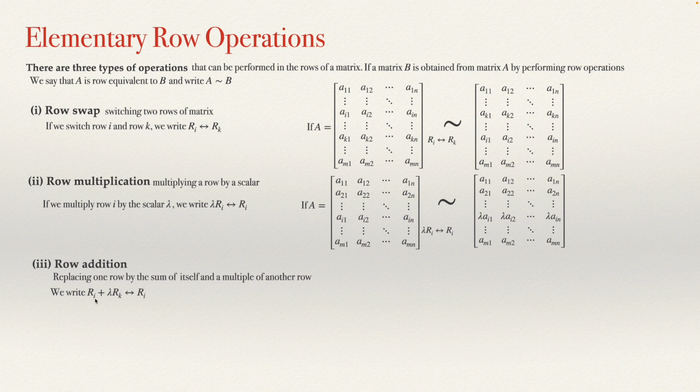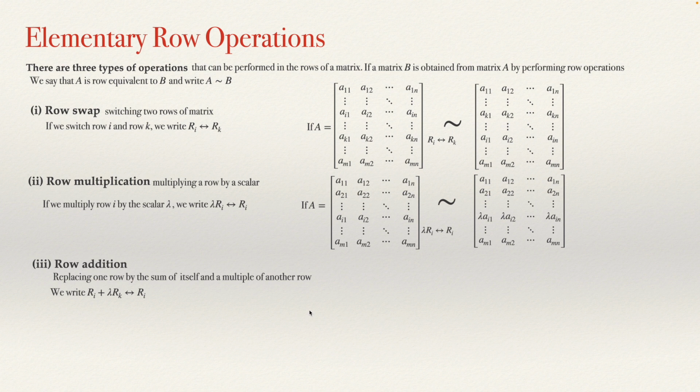So we are going to write it in this way: Ri plus lambda Rk. To row I will be added lambda times Rk, where the scalar lambda could be 5, could be 6, whatever scalar. And that will be substituting the previous Ri. So it will be the same Ri that you see, plus another row multiplied by lambda, a multiple of another row.